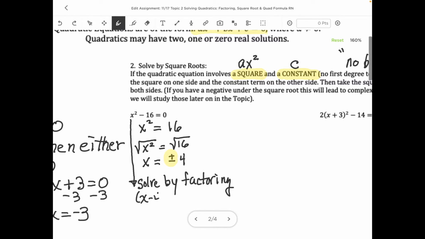So that's going to factor into x minus 4, x plus 4 equals 0. Using the zero product property, x minus 4 equals 0, x plus 4 equals 0. That's going to give me x equals 4 or negative 4, which is exactly what I got when I solved by square rooting.